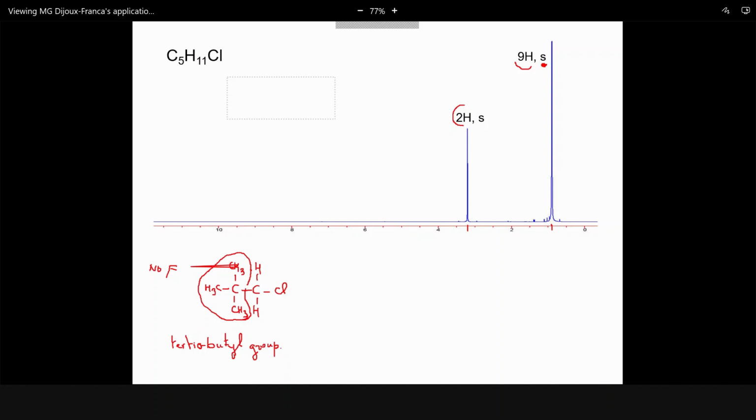Maybe I should explain for everyone. We have to consider that all the signals are singlets. As they are singlets, that means they are not close together, so I have to find a way to separate them with a heteroatom or a quaternary carbon, for example.